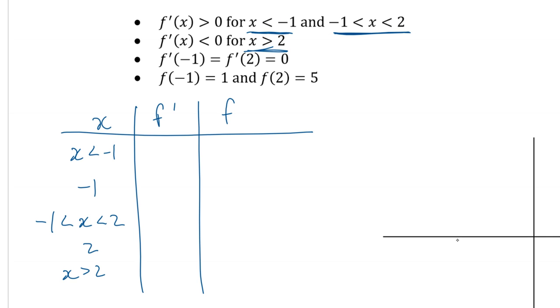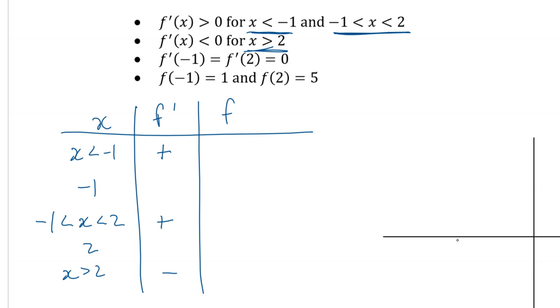The first line says f prime of x is greater than 0 in those two intervals. So what does that mean? Positive. So in this interval it's positive, and in this interval it's positive. And then it's less than 0, which means negative, for x greater than 2. So what does that mean about the function? Same stuff it meant before.